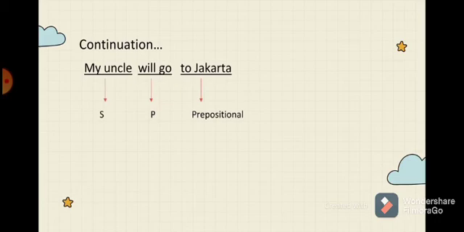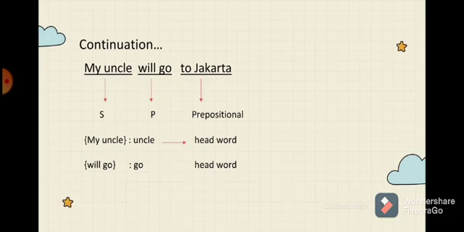So, how many endocentric constructions are in the sentence? Okay, good. There are two endocentric phrases in this sentence. The first is the phrase my uncle, and the second is the phrase will go.